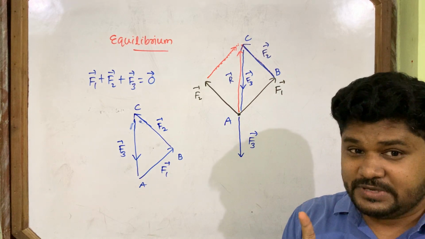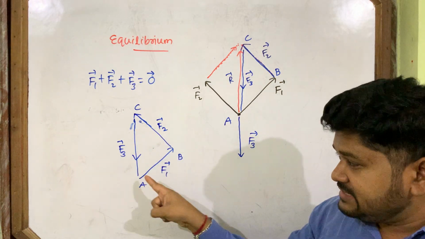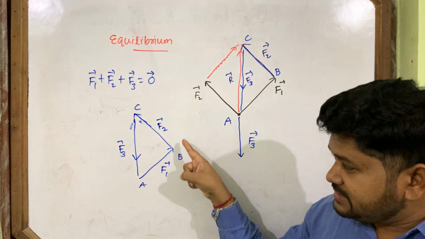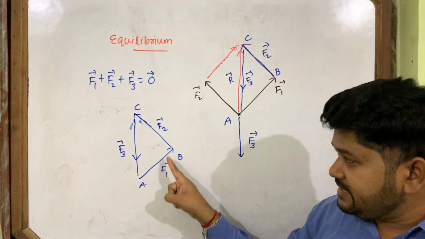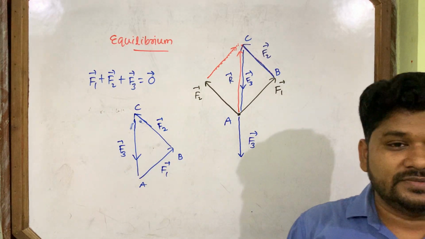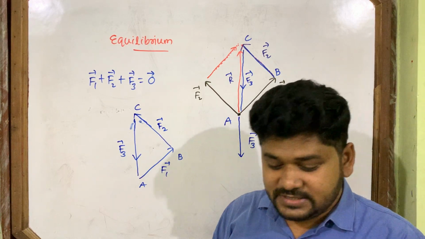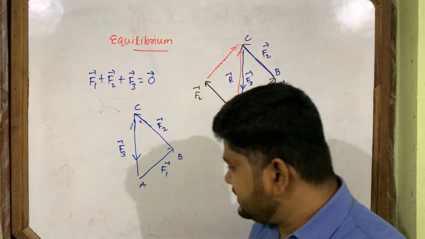Again I am repeating, listen carefully. If three vectors are presented by three sides of a triangle taken in the same order, then their resultant is 0. They cause equilibrium. In the exam, the question will come like this.